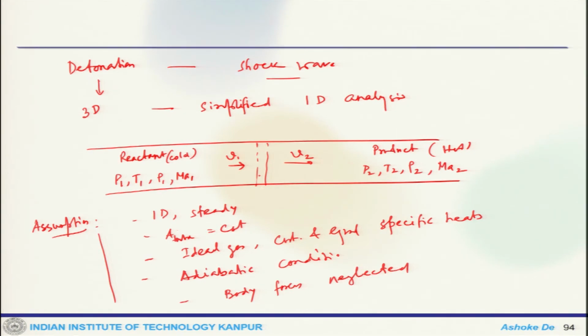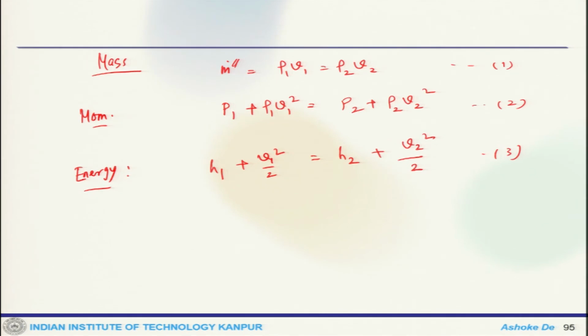This is my control volume, and 1 stands for the reactant side. Now, if you split the total enthalpy into two components, one is the sensible enthalpy, another is the heat of formation, we get summation of yi and then summation of yi integral T naught to T Cpi dT.